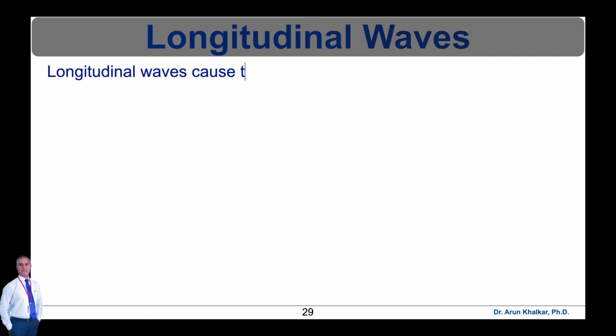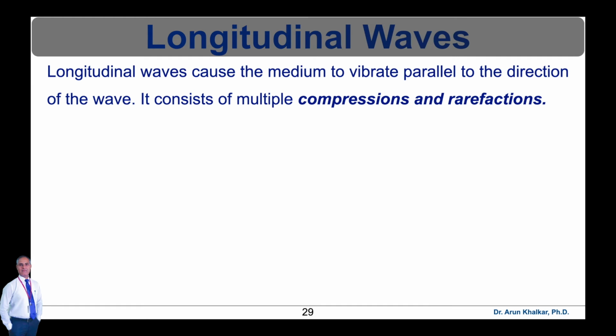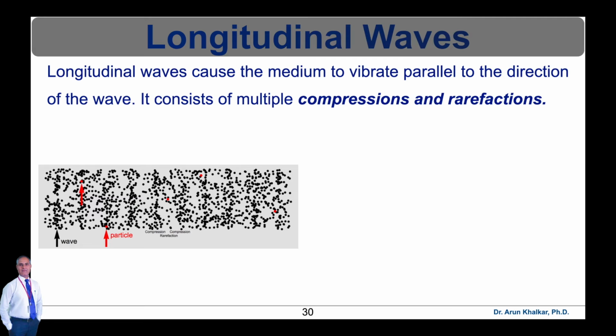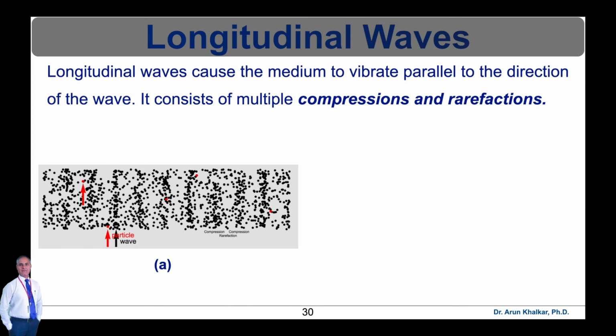Longitudinal waves cause the medium to vibrate parallel to the direction of the wave. It consists of multiple compressions and rarefactions. The rarefaction is where the particles are the farthest distance apart in a longitudinal wave, and the compression is where they are the closest together, as shown in figure A. Figure A shows an example of a longitudinal wave.